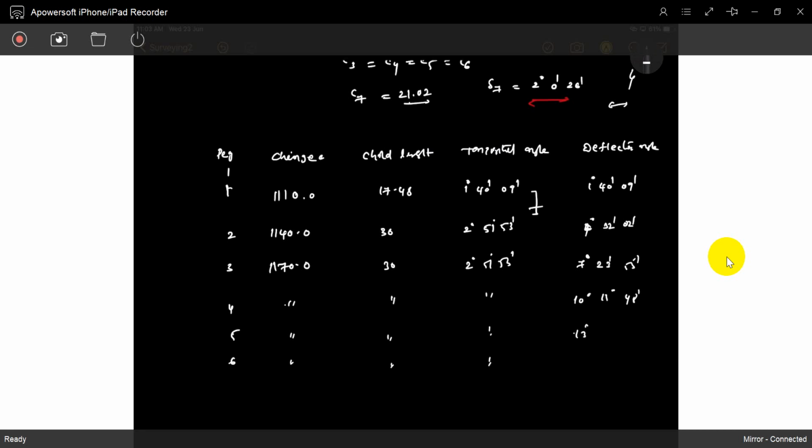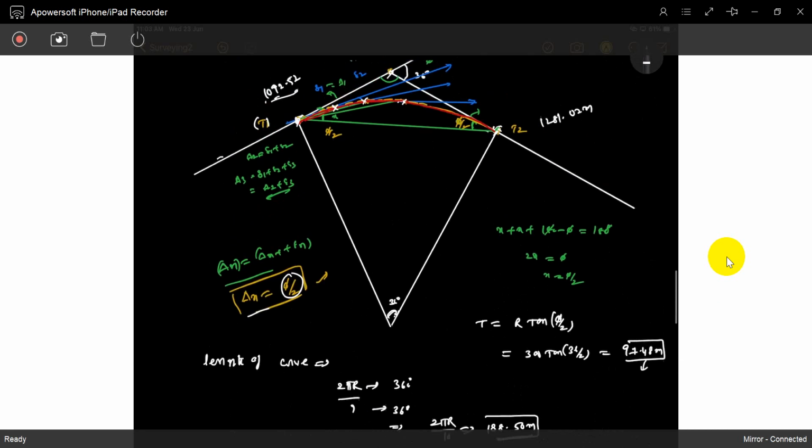Then 13 degrees 17 minutes 41 seconds. Then 15 degrees 59 minutes 34 seconds. The last one is the peg length that will reach the other point.